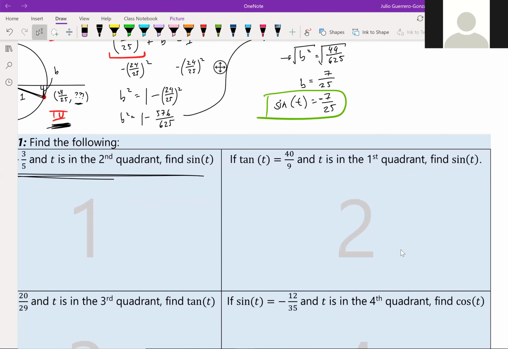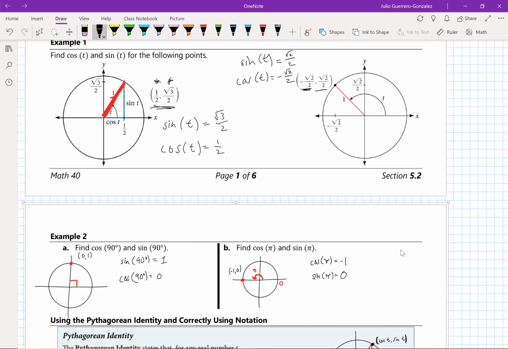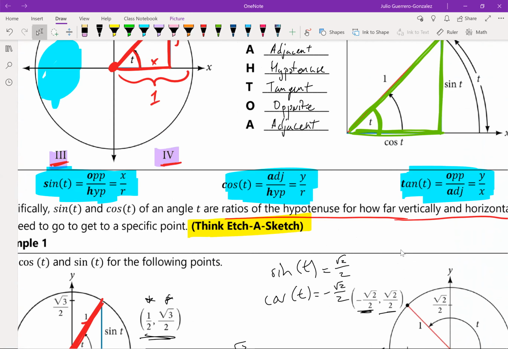Let me stop my video. There we go. Okay, so there are these definitions here. Those blue ones. Sine is opposite over hypotenuse. Cosine is adjacent over hypotenuse. And tangent is opposite over adjacent.